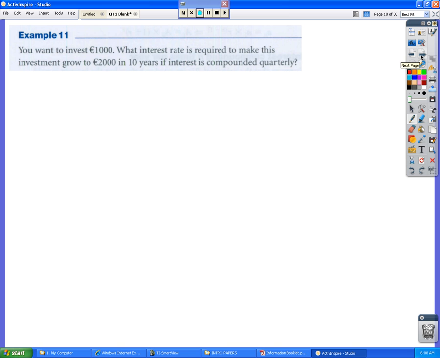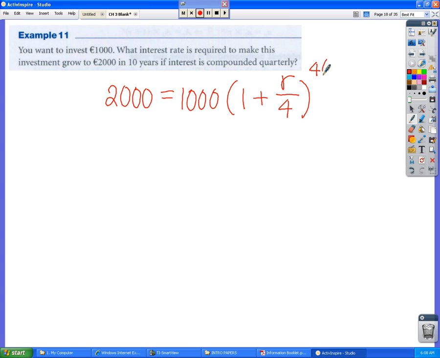So here you want to invest 1,000 euros. What interest rate is required to make this investment grow to 2,000 euros in 10 years? Again, you're just using a bunch of formulas. So compound interest, you want it to be 2,000, so that would be my ending amount. I'm starting with 1,000. 1 plus the rate, I don't know, but I'm going to divide by compounding quarterly times 4 times 10 years, which would be 10, so that's 40 up top. So you're solving this, which would be 1,000.